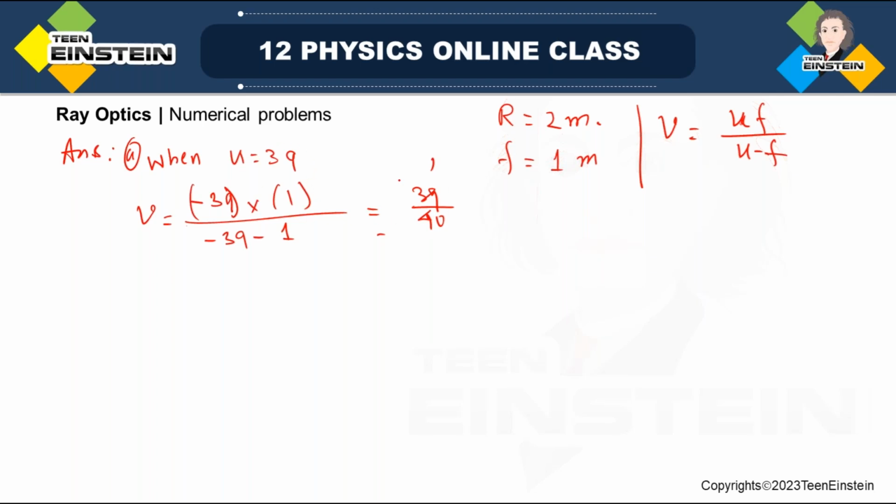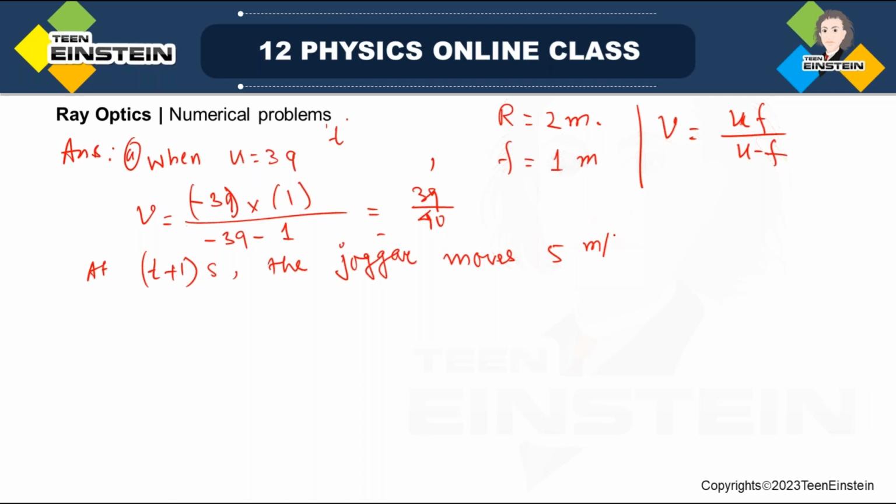Suppose this is at a certain point, some t second. But just after 1 second, that means at t plus 1 second, the jogger moves 5 meter.